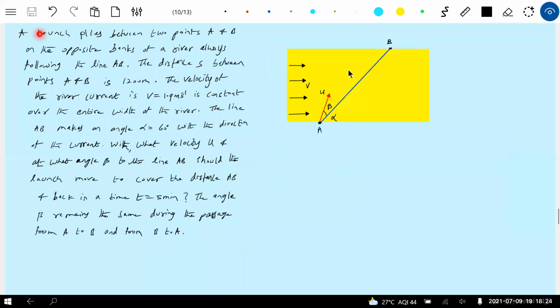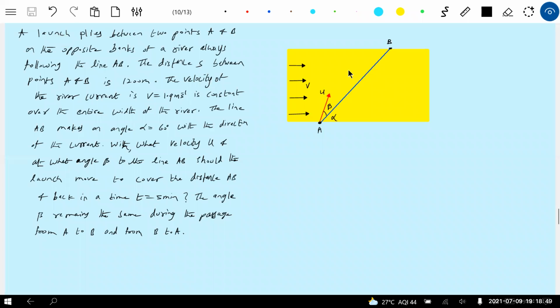A launch is usually brought on a busy route where the number of passengers to be carried is more. I think in some movie, I don't know. If you go to Godavari, Krishna district, they call it a launchy.